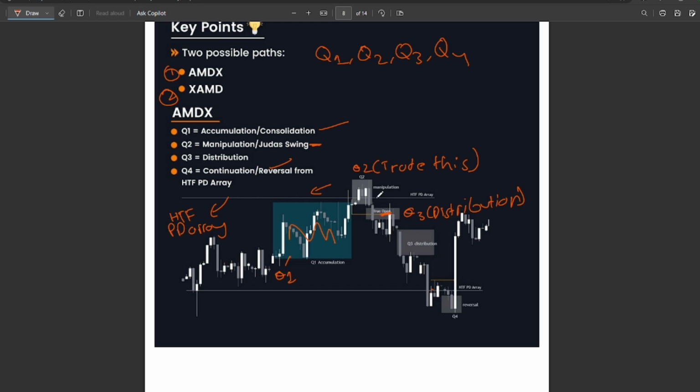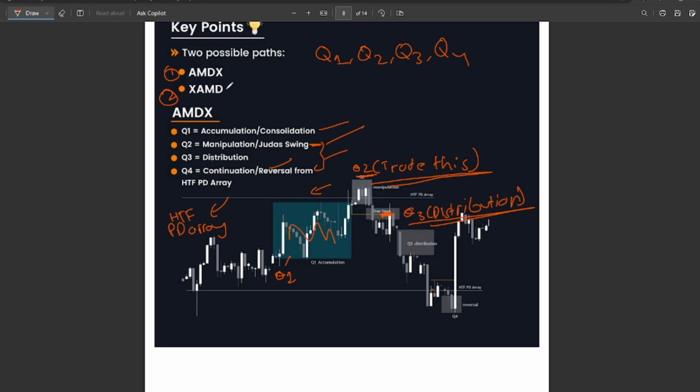So you can either short in the Judas swing phase once the liquidity on the higher time frame is taken, or you can short once price takes the liquidity above true open and closes back inside. This is in the distribution phase and this is in the Judas swing phase. So in the AMDX model, there are only two phases that can be traded, Q2 and Q3.